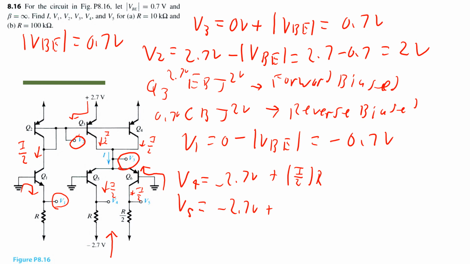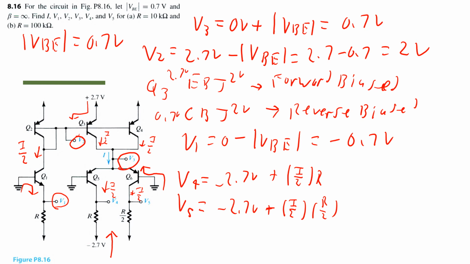This time it's R over 2 for that resistance. So that would be I over 2 multiplied by R over 2. Now, I don't know the current yet, so I can't solve for V4 and V5 yet. I have too many unknown variables, but maybe there's another equation I can make.